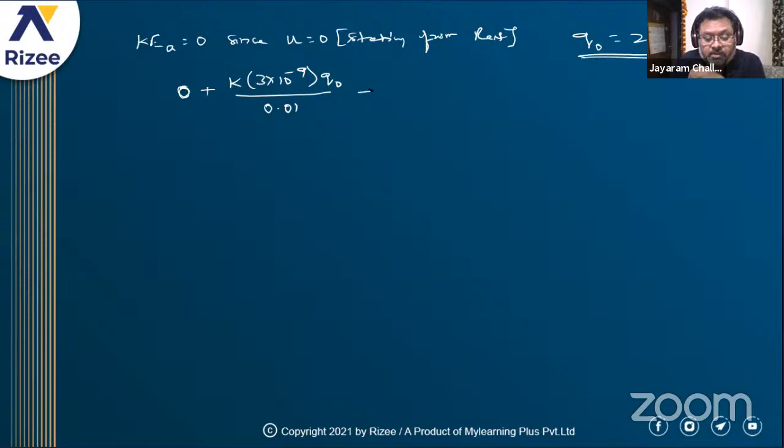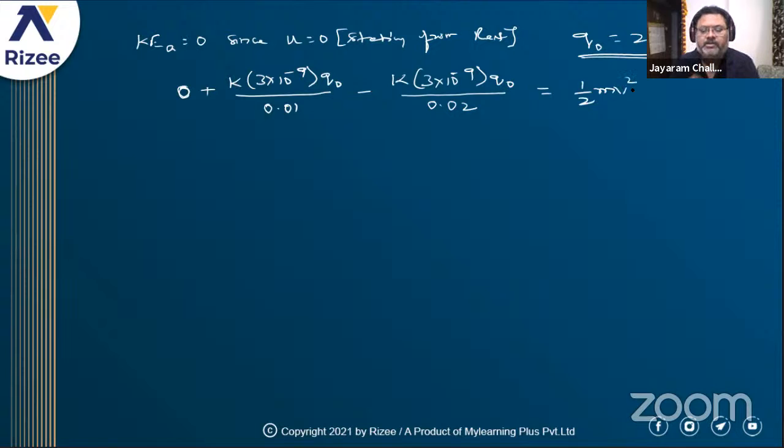And next one, this is the potential energy between them. K into 3 into 10 to the power of minus 9 into Q naught by the distance between the right side charge and the point A, which is 0.02. This is at the A. So this should be equal to the final kinetic energy at the B, that is half mv square, plus the same thing.